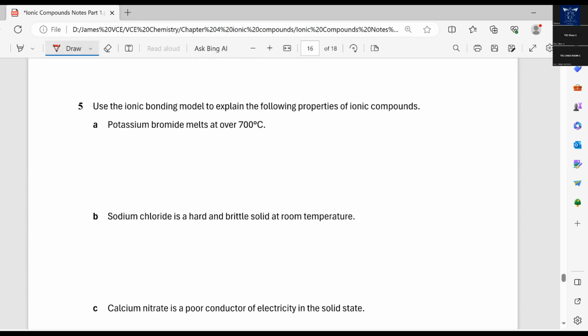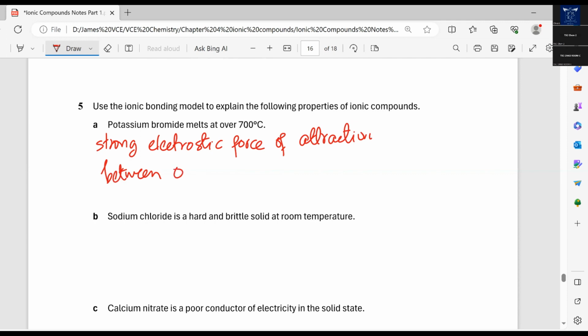You just have to explain that due to their strong electrostatic force of attraction between oppositely charged ions, it requires a large amount of energy.